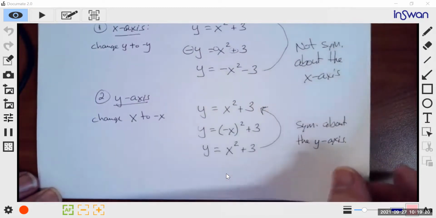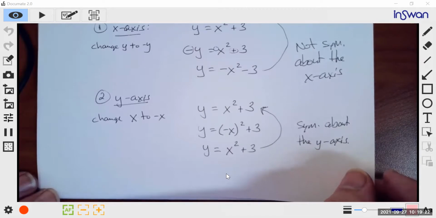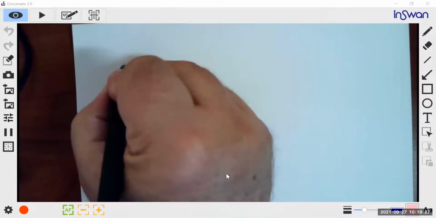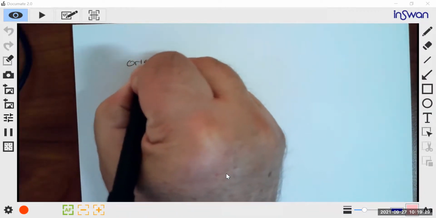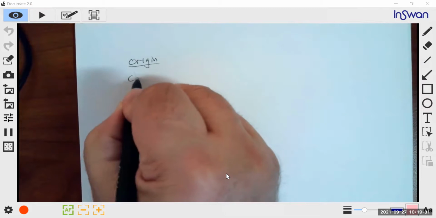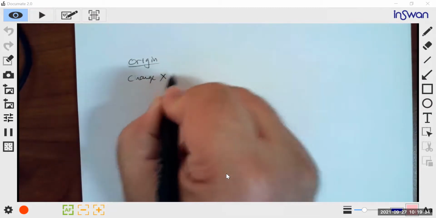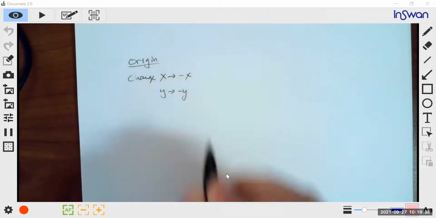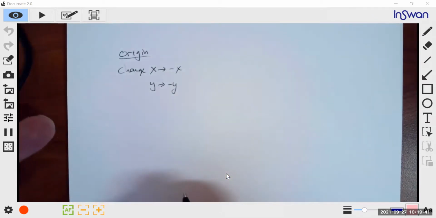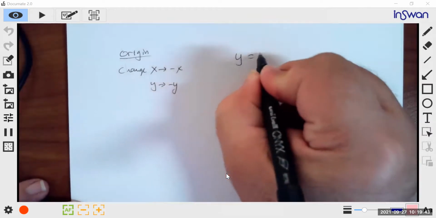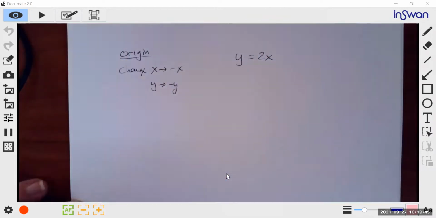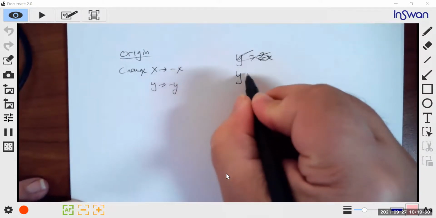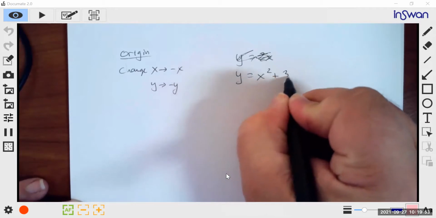Is this symmetric about the origin? How do we test symmetry about the origin? Well, you have to change x to negative x and y to negative y. You have to change both signs. No, it was x squared plus 3, I'm sorry. y equals x squared plus 3.